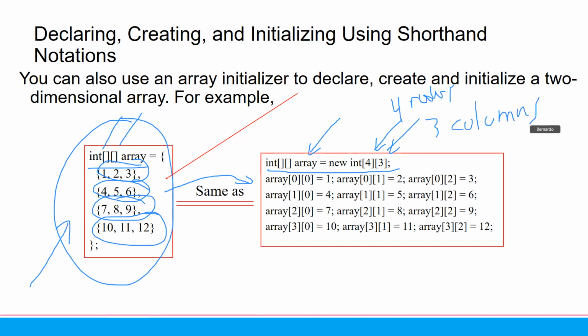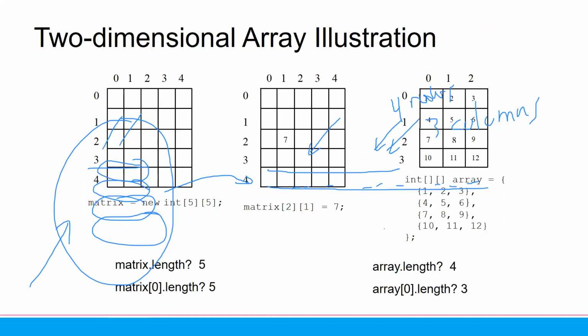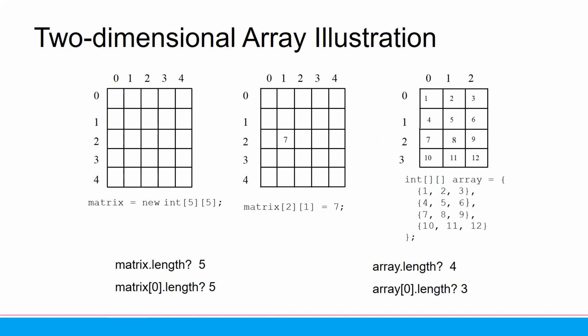And then for every data, we need to specify it. So in the array index 0 and 0, we put value 1. For the array index 0 and 1, we put value 2. For array index 0, 2, we put value 3, and so on. Okay, so the result will be similar to this one.